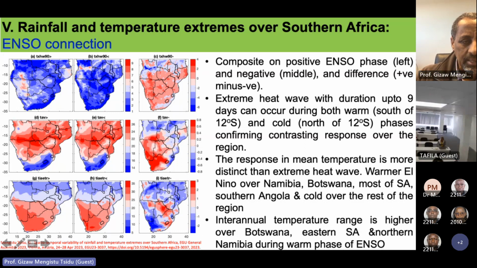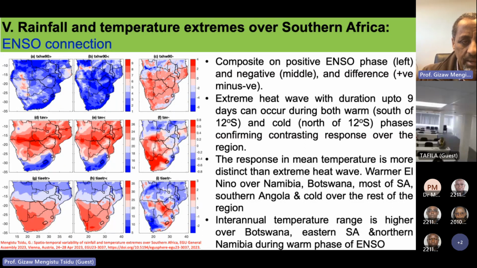Clearly, if heat waves respond in the same manner during those ENSO phases, warm and cold phases, you should see the same color. If it is red, it should be red everywhere. But here we see two polar colors, dipolar colors, red extreme and blue extreme. Red extreme is plus, blue is negative. That means wherever you see blue and you see red, the two regions are responding to ENSO differently.